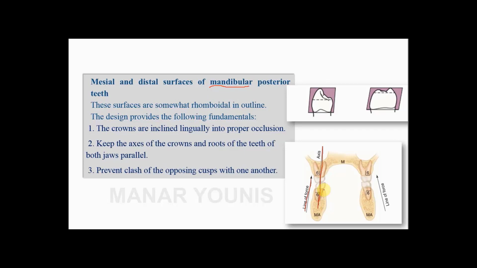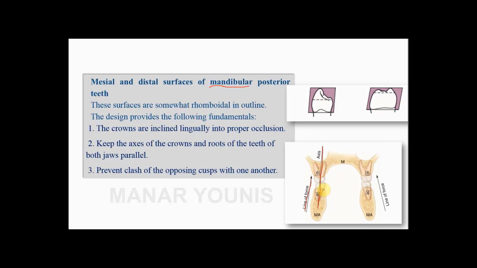This configuration, as depicted in this figure, will keep the axis of the crowns and roots of the teeth of both jaws parallel. As you can see here, the line that passes through the long axis of maxillary posterior teeth and mandibular posterior teeth is parallel with the line of the force of mastication.